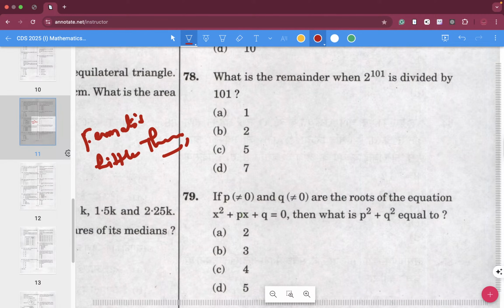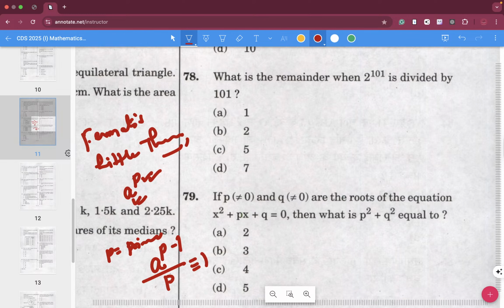It says that for a raised to the power p, wherein p is a prime number and a is a natural number such that p does not divide a, the remainder of a raised to the power p minus 1, when divided by p, is 1.